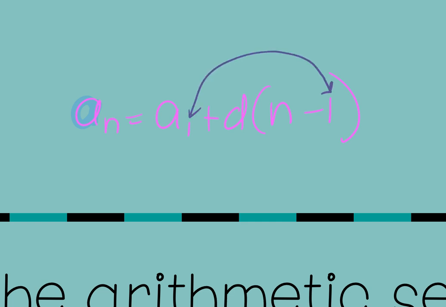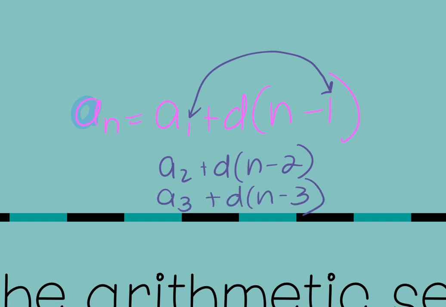So I can adjust this in any way I want to. I could say this is a2 plus d times n minus 2. I could say this is a3 plus d times n minus 3. So you can adjust it any way you want as long as the base term is the same as the term you're given on the right-hand side, okay?